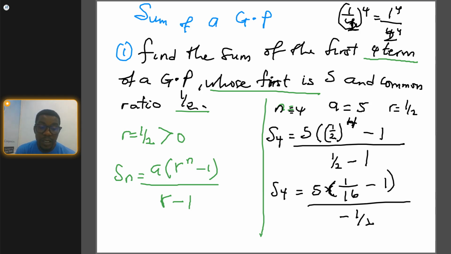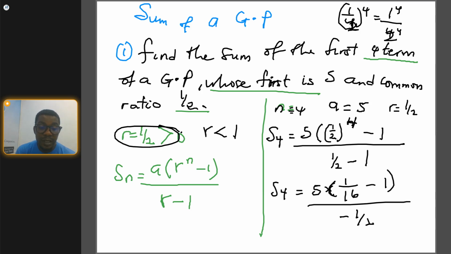But take note, r is not less than 0; r is greater than 0 but less than 1. So the comparison we are supposed to be using is the comparison with 1. That is, r is less than 1. That's the comparison we are doing.